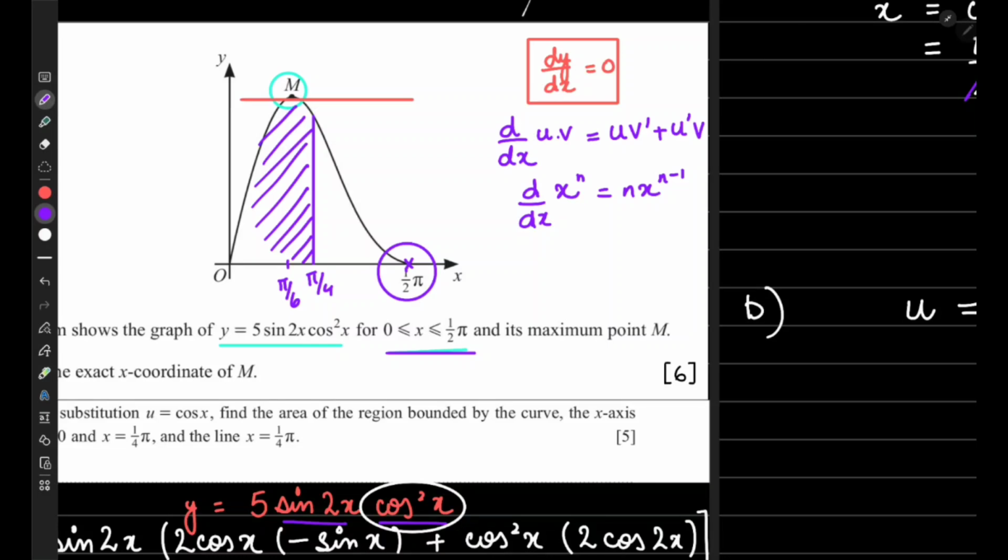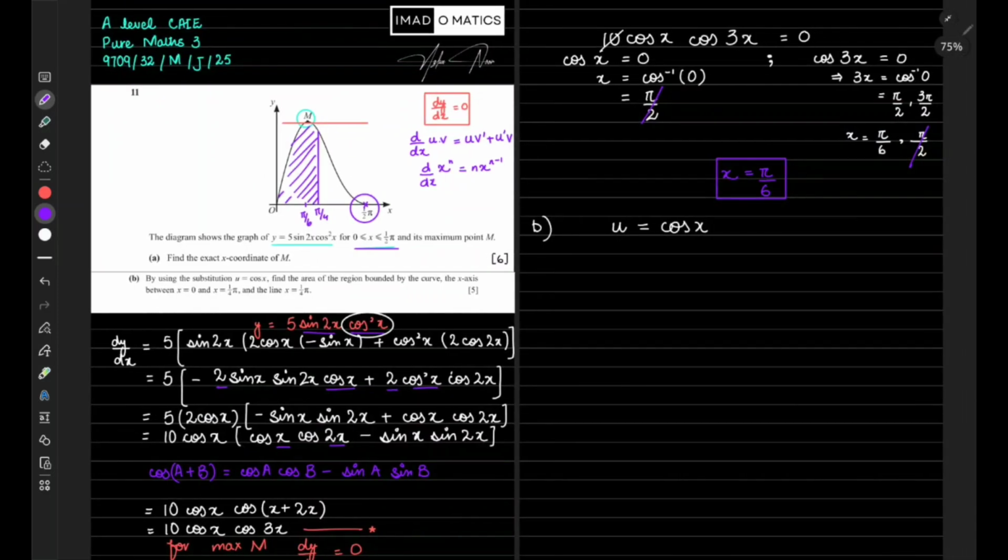How do we find the area of the region? Area under the curve is found by using integration.